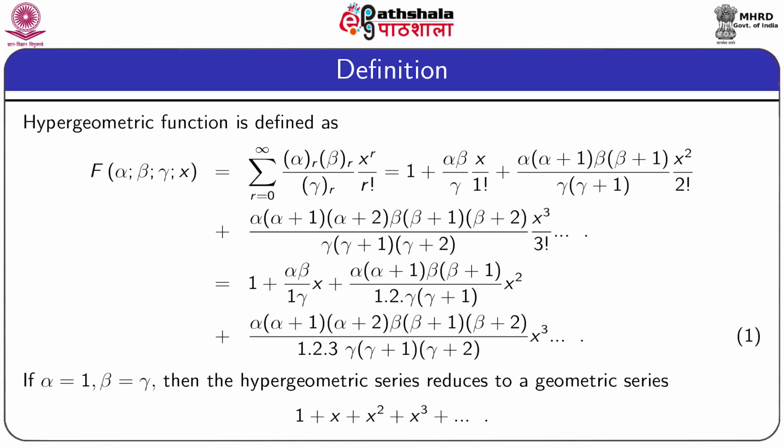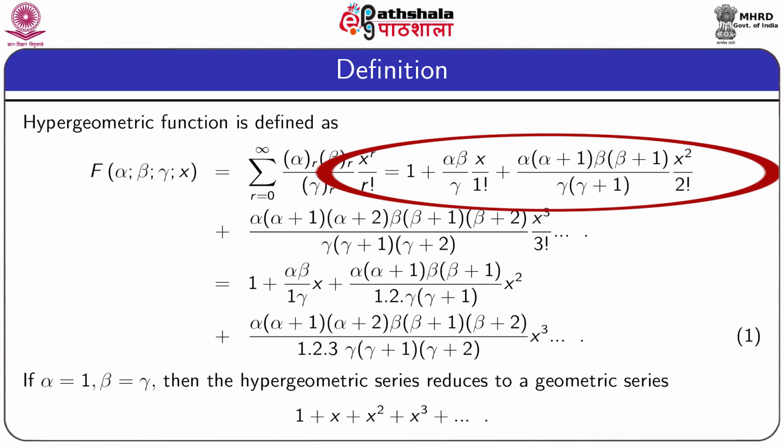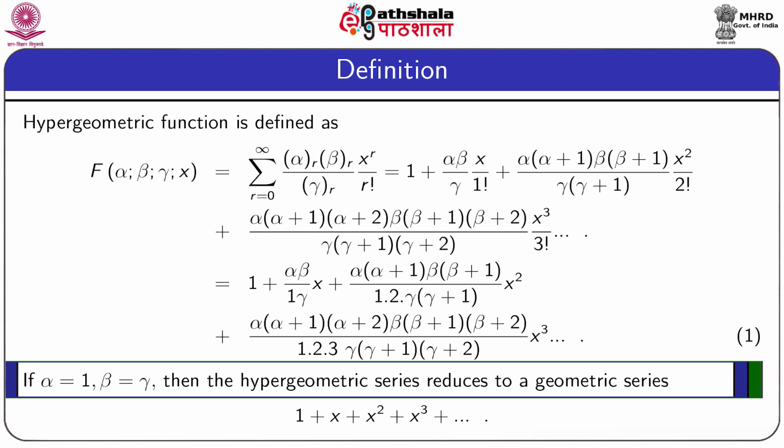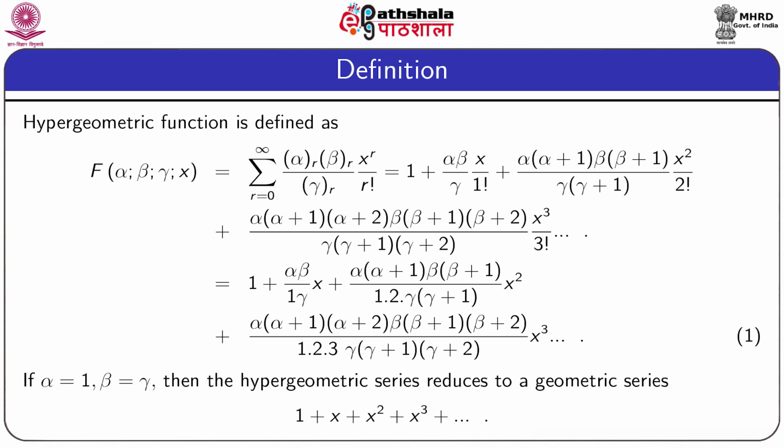And if we expand this, we will get 1 plus alpha into beta by gamma into x by 1 factorial plus alpha into alpha plus 1 beta into beta plus 1 divided by gamma into gamma plus 1 into x square by 2 factorial plus dot dot dot. If alpha equal to 1 and beta equal to gamma, then the hypergeometric series reduces to the standard geometric series 1 plus x plus x square plus dot dot dot.